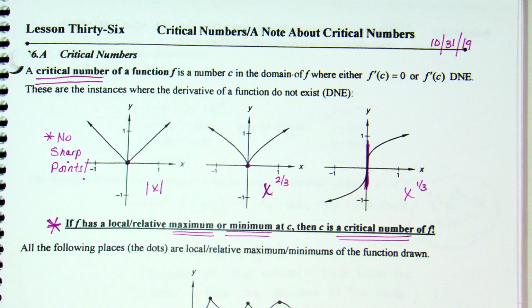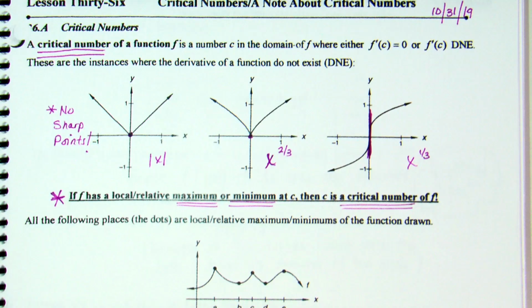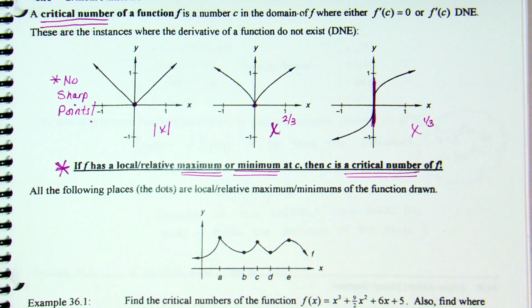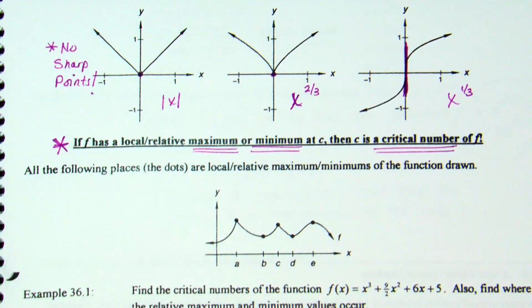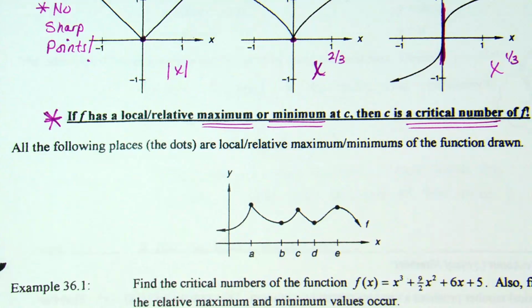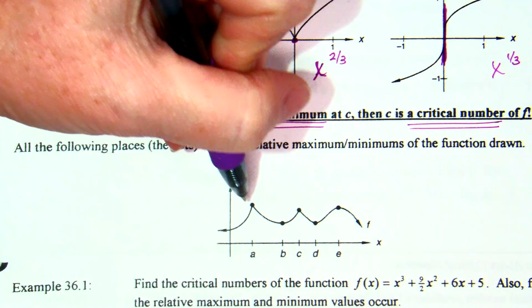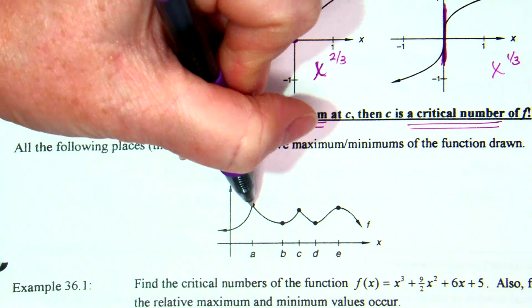As we look at this graph for an example, you will see maxes and mins, but these are all going to turn out to be critical values. As you look at the dot at A, what do you know about the slope there?